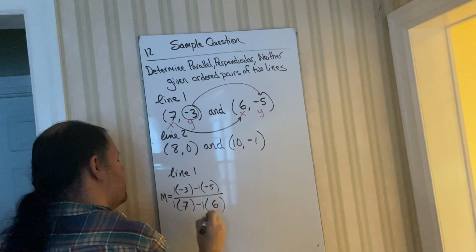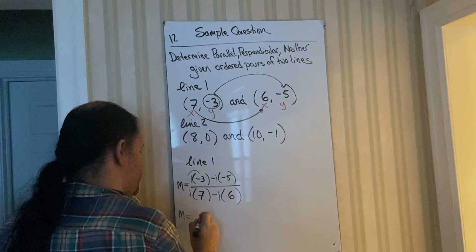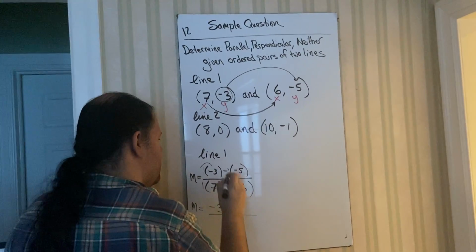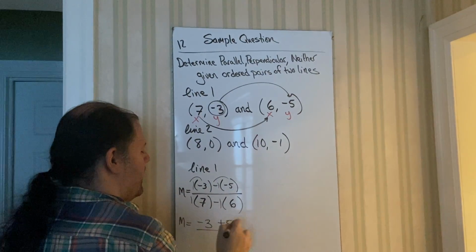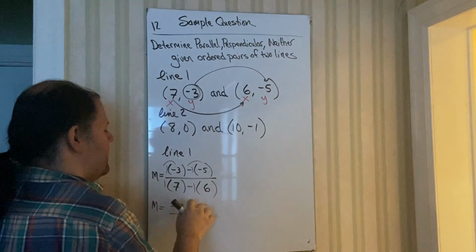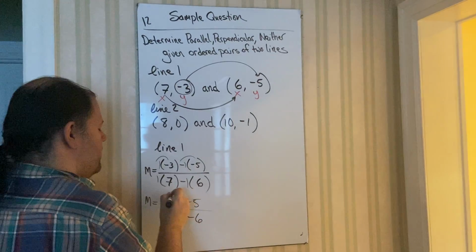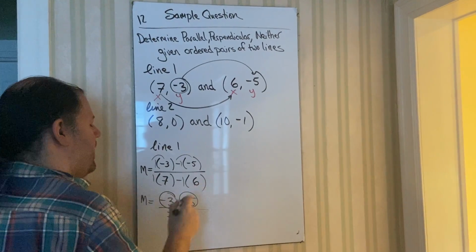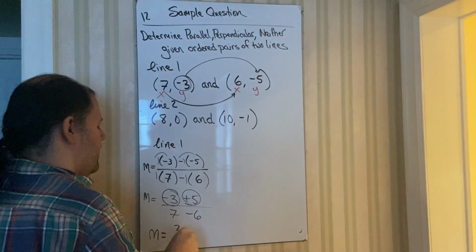Put in your understood ones, distribute. 1 times -3 is -3. -1 times -5 is now +5. 1 times 7, and -1 times 6, -6. You know that a -3 and a +5, that's going to give you a +2.